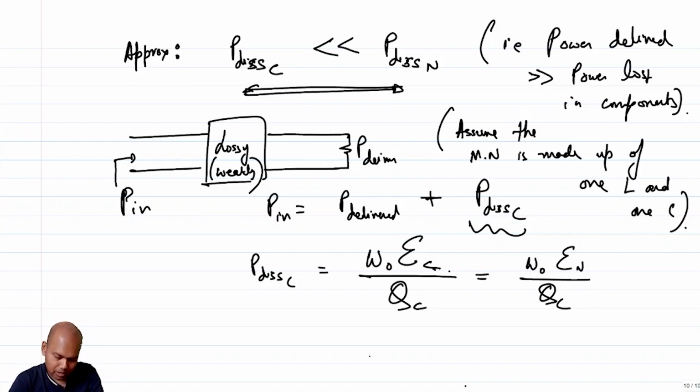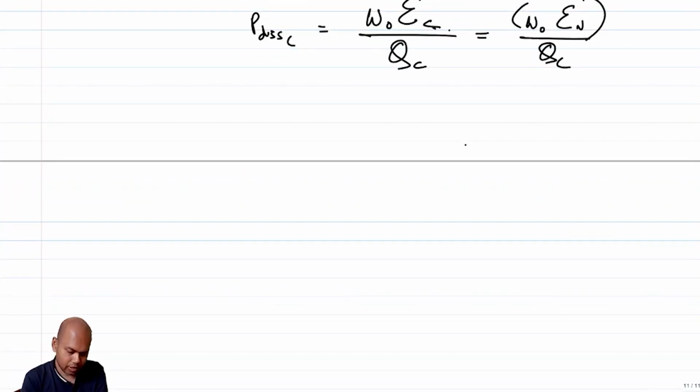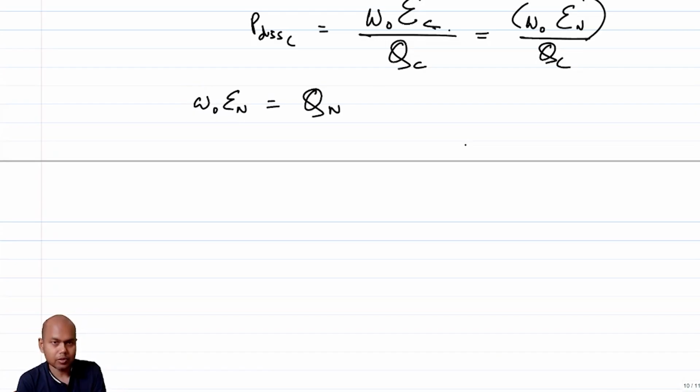Now I'm going to make an approximation. So what is omega naught times energy stored in the network? First let me write it down in English, then we'll write it down in formula. Omega naught times En, the energy stored in the network, is equal to Q of the network times the power dissipated in the network, right?